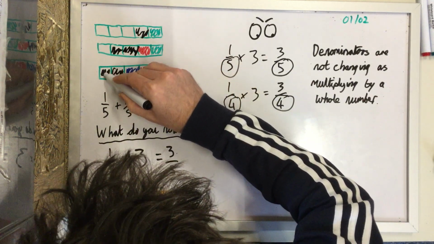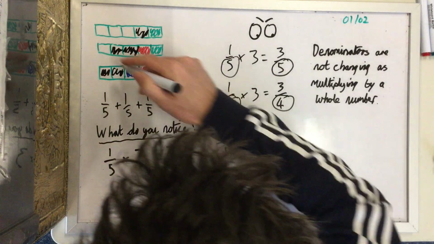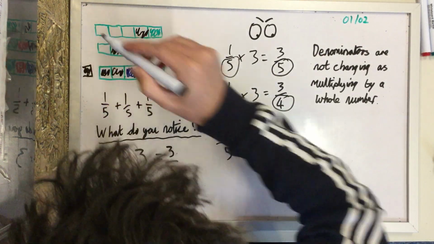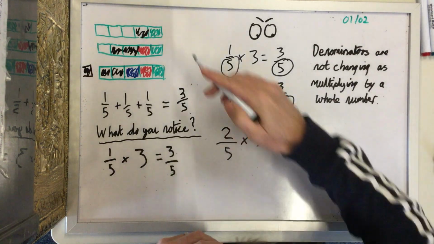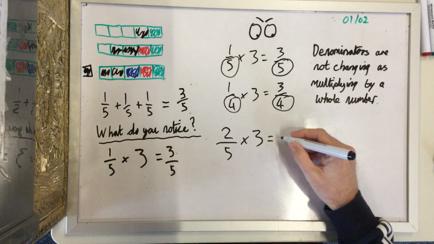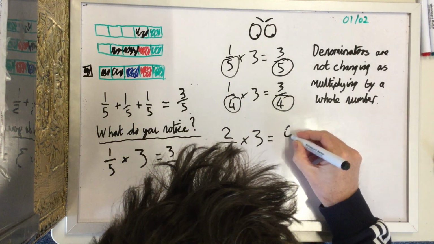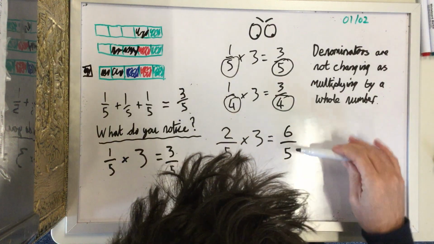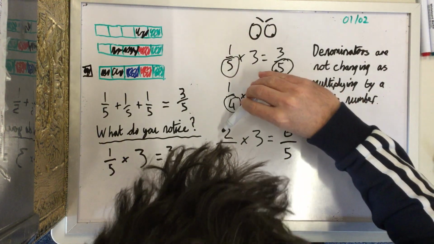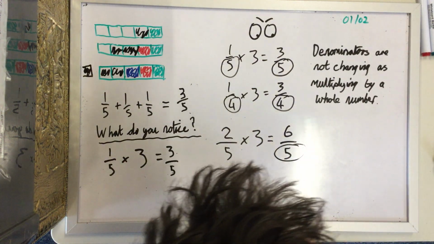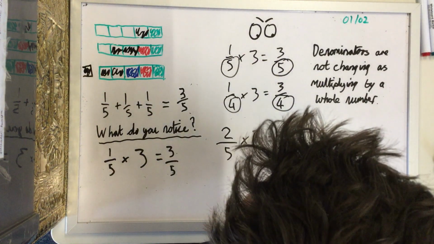Then we go over the whole, don't we, and we've got 1 extra fifth. So add 2/5, and that will give us 6/5. And again, you can see it still works. 2 times 3 equals 6, but our denominator doesn't change.